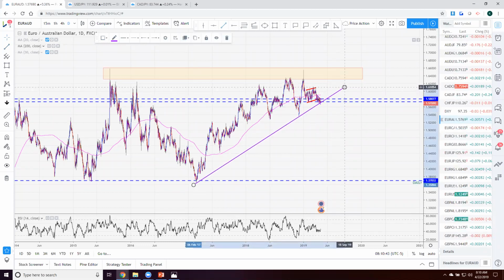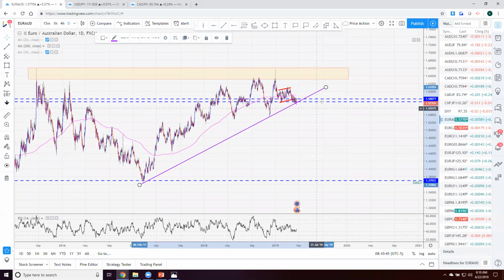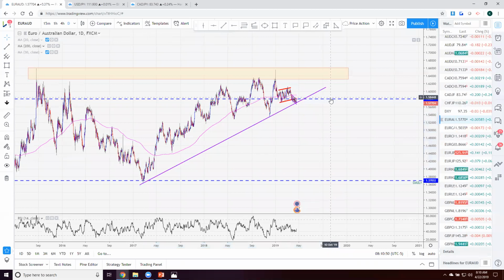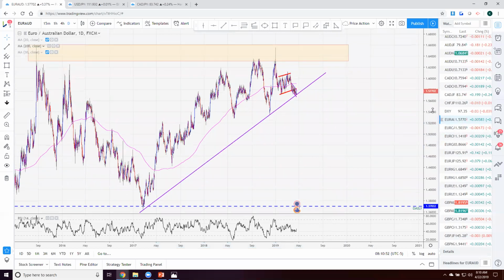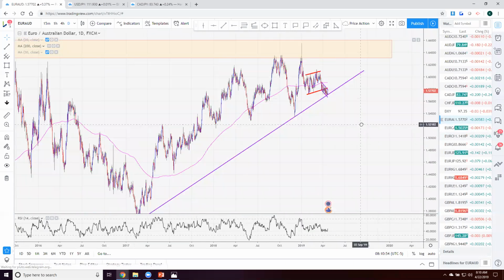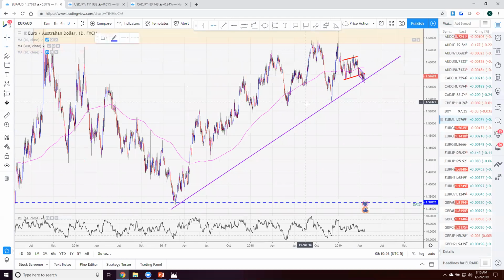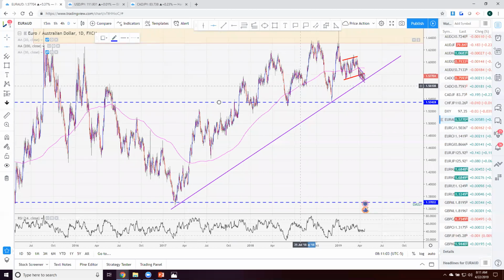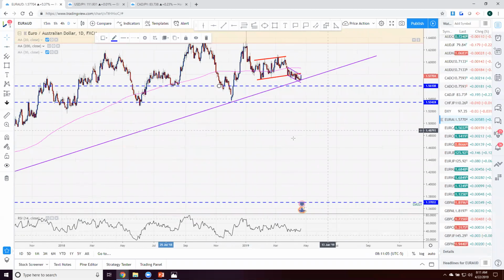Throw in a trend line here. Throw in a few support resistance lines.